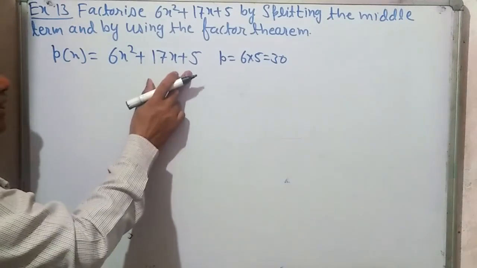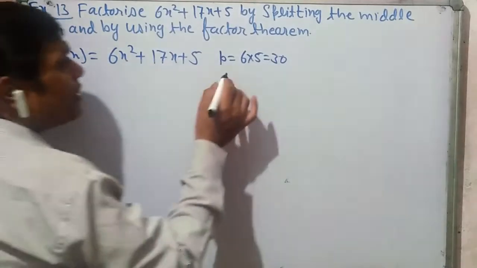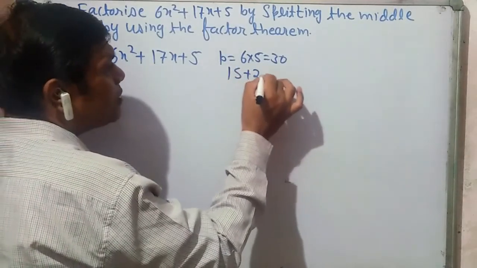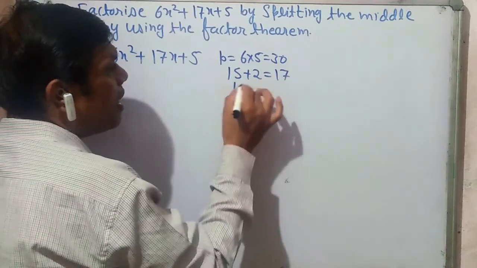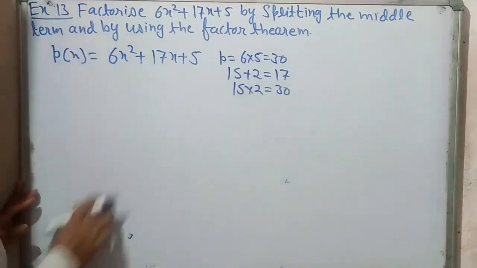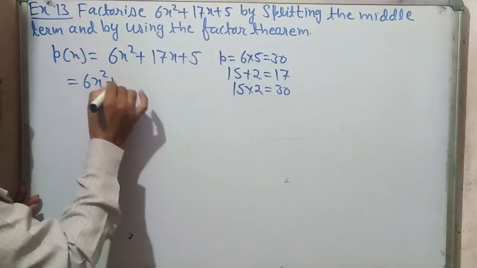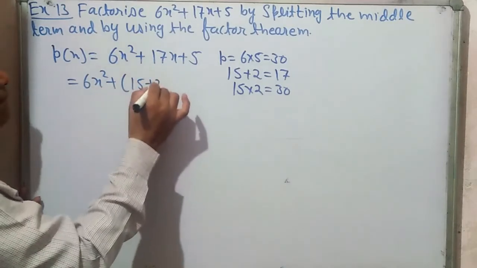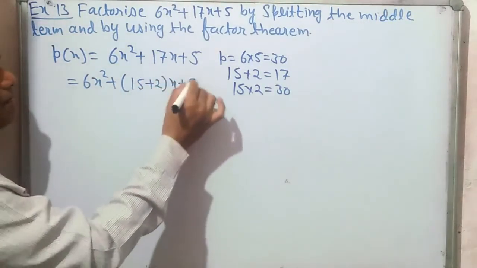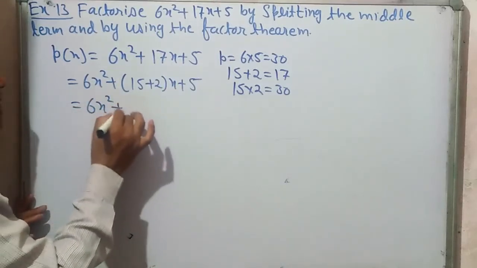30 is the product requirement and 17 is the sum requirement. So we know that 15 plus 2 is 17 and 15 multiplied by 2 is 30. So we split 17 as 15 plus 2, into x, plus 5.